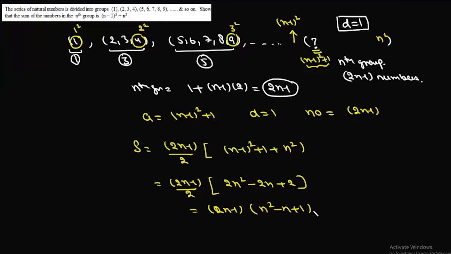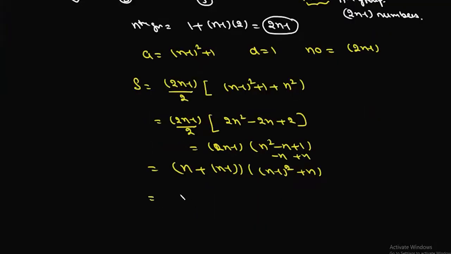Now we have to express it in the form n minus 1 cube plus n cube. So what we'll do is we'll write this as n plus n minus 1, and here we'll subtract n and add n. So there will be n minus 1 whole square plus n. Now we multiply them, we can write n into n minus 1 square plus n square plus n minus 1 cube plus n into n minus 1.